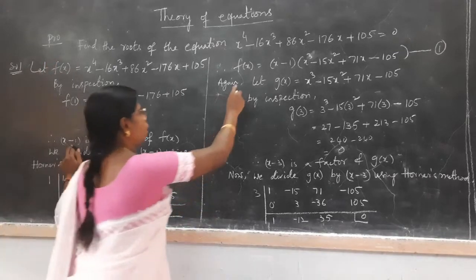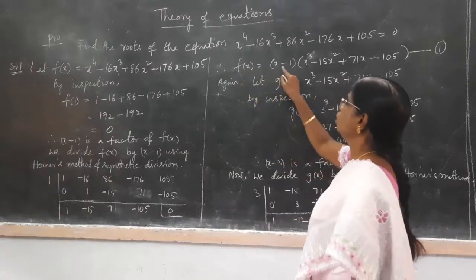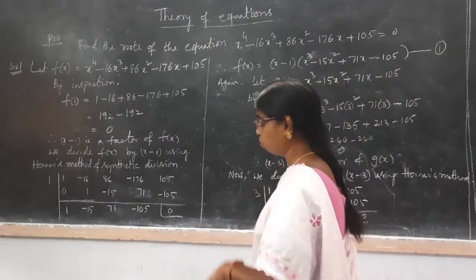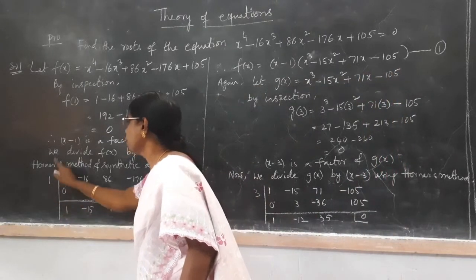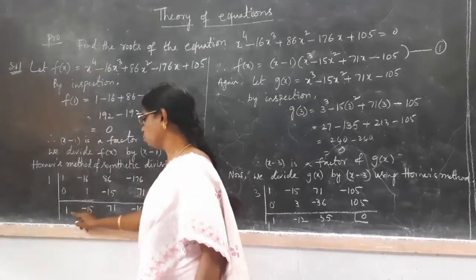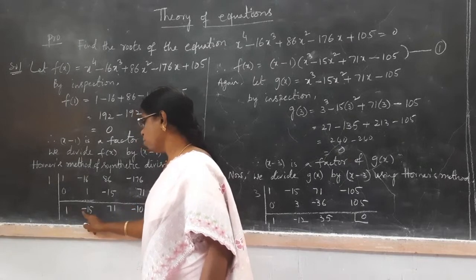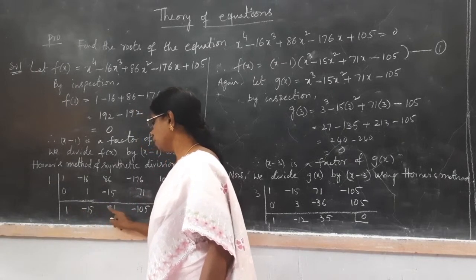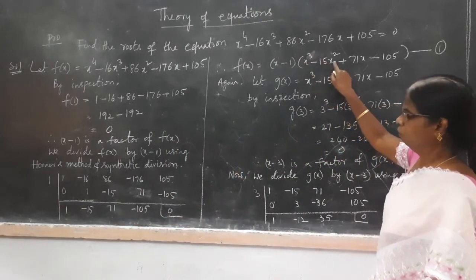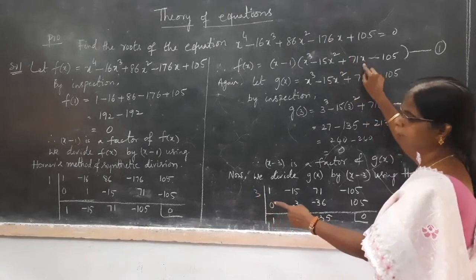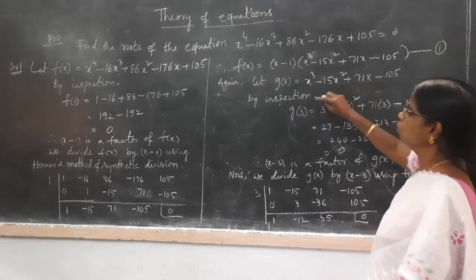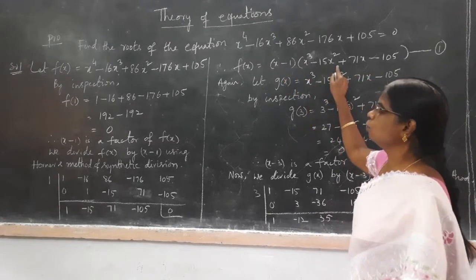Since we divided by x minus 1, f(x) = (x minus 1) into the quotient. The quotient has degree one less: 1 into x cube minus 15x square plus 71x minus 105. This is the quotient, and the remainder is 0. Since this is a factor, the other factor comes by dividing.